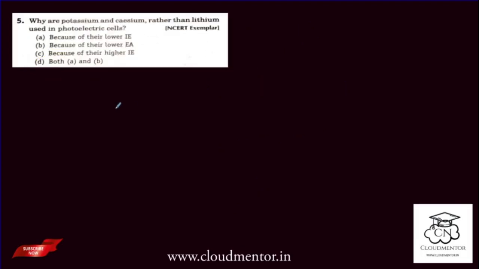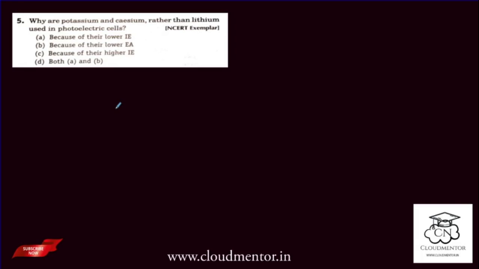So next question: why are potassium and cesium rather than lithium used in photoelectric cells? The metals having a very high tendency to lose electrons are used in photoelectric cells. The lower the ionization energy, the higher is the tendency to lose electrons.